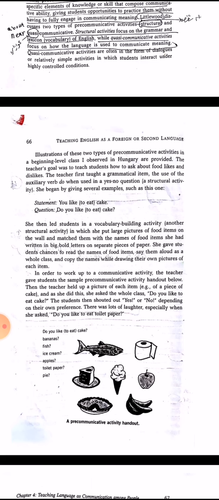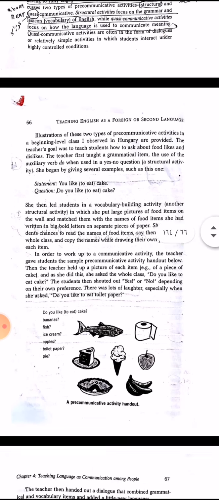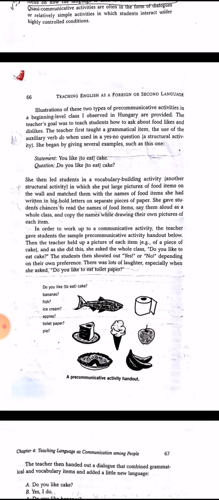In order to work up to a communicative activity, the teacher gave students the sample pre-communicative activities handout below, so they are provided with this picture of fish and ice cream and Kleenex, right?